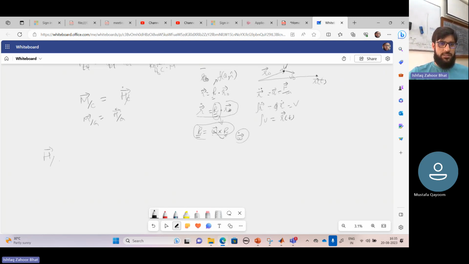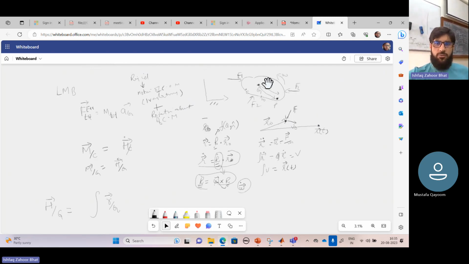So H with respect to G is equal to, as we have seen, the position with respect to G of each point. If you take any point, say P, and take its position with respect to G, there will be a small mass dm.